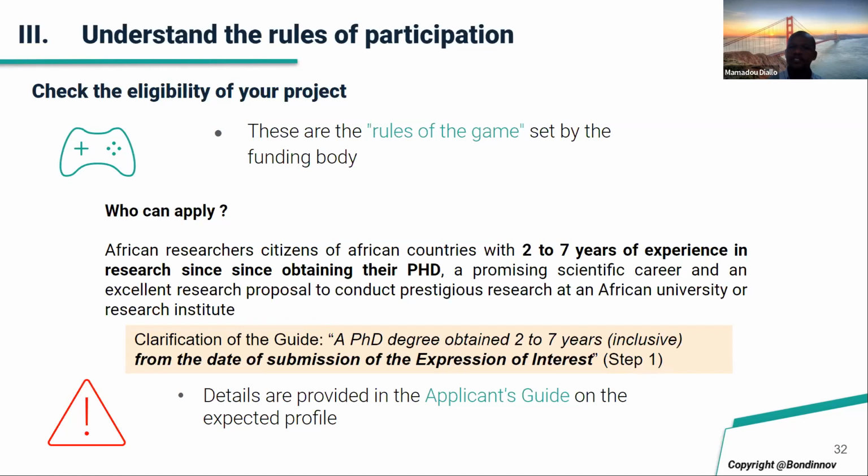Clarification on the guide: a PhD degree obtained 2 to 7 years before the date of submission of the expression of interest. So make sure you meet this requirement before you apply.